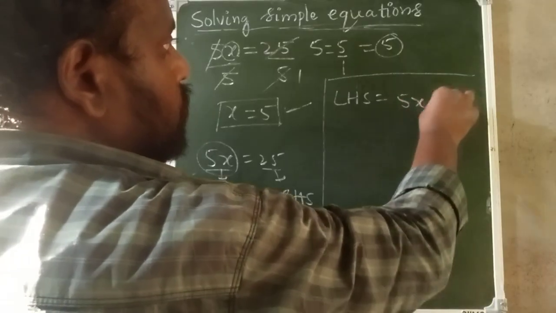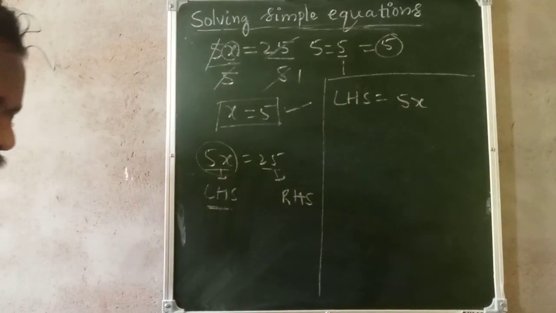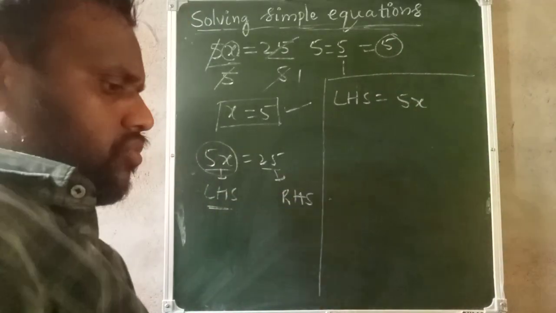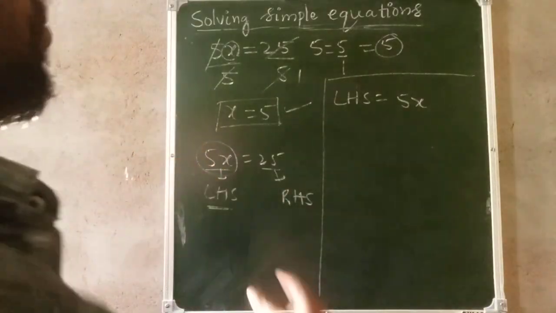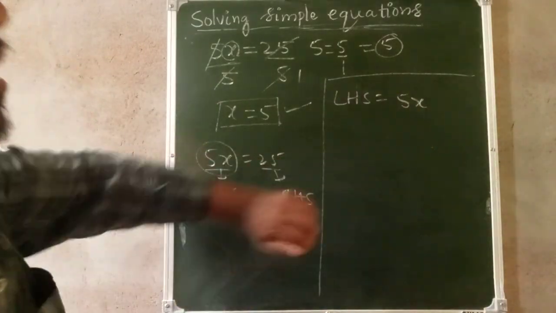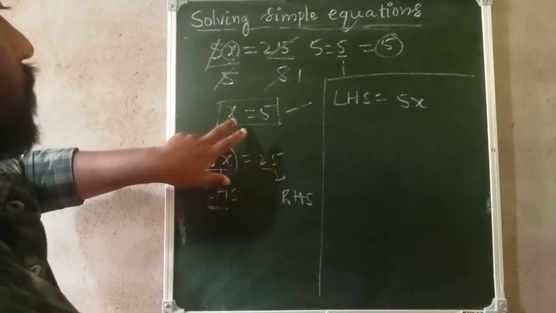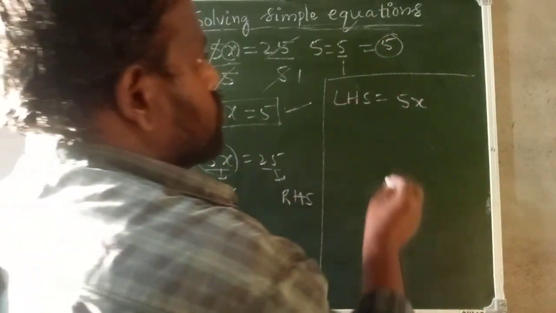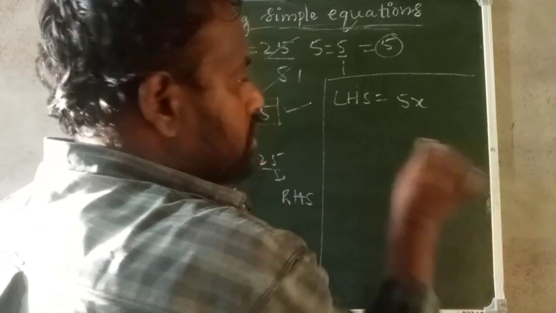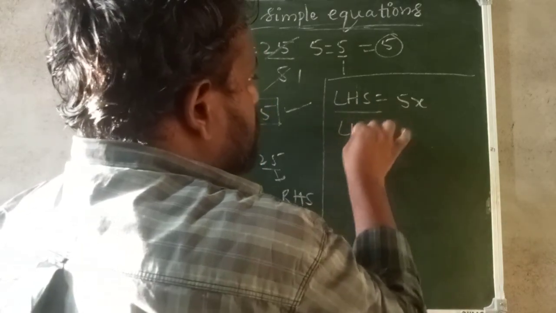So LHS is equal to 5x. Now we have to substitute the value of x here. So what is the value of x? The value of x is 5. Okay. So before substituting, write this as it is.